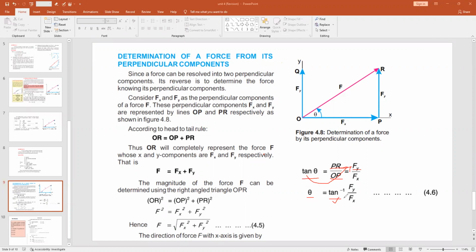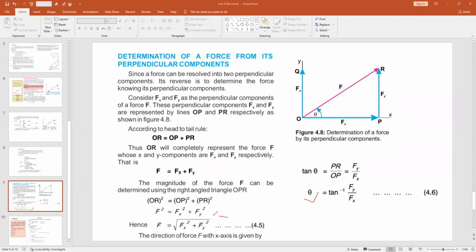So theta is equal to tan inverse of Fy by Fx. In this way we can find the direction of the force, right? If we know the Fy and Fx components, we simply put in the values and take the tan inverse of this value, and we can easily find the direction, that is theta.